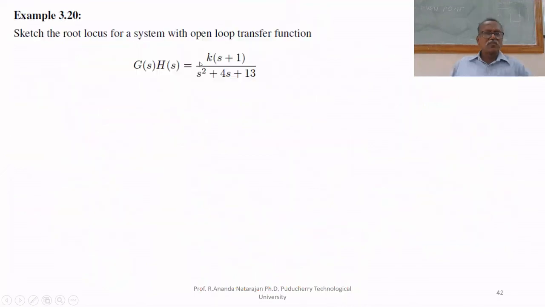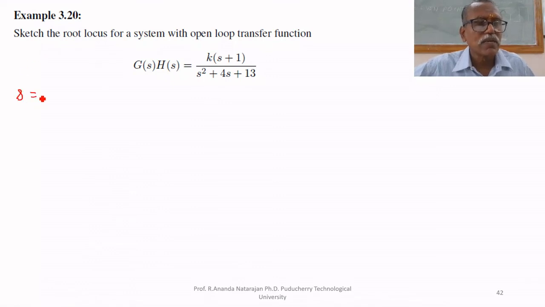Sketch the root locus for a system with the given open loop transfer function. I will give the idea, you solve it yourself. What are the poles?